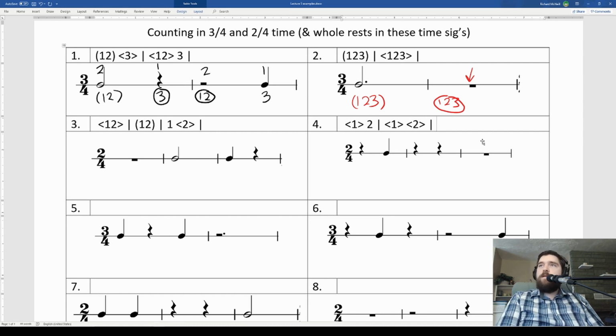And then this one is also a whole rest, another whole rest. So all of the measure, however many beats that ends up being, I don't care if it is 8 beats or 2 beats, one whole rest in a measure means that the entire measure is a rest. Okay, and that is the example for number 4.